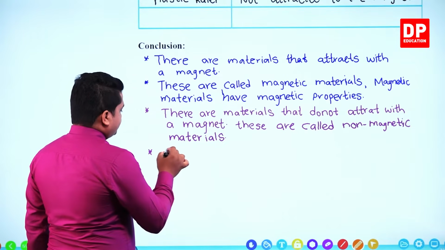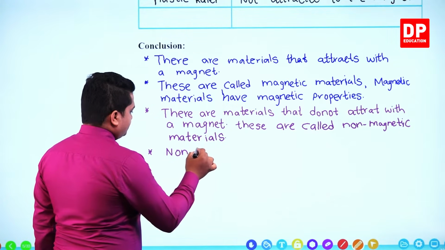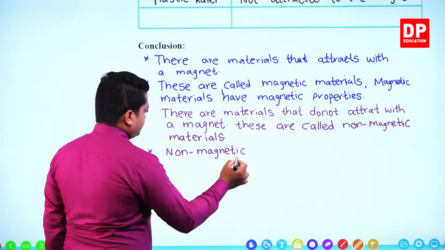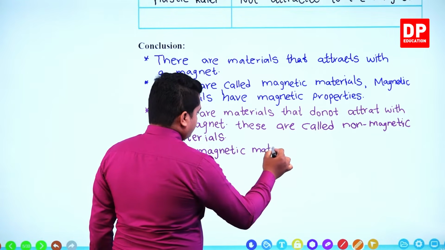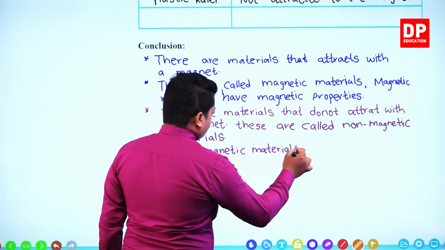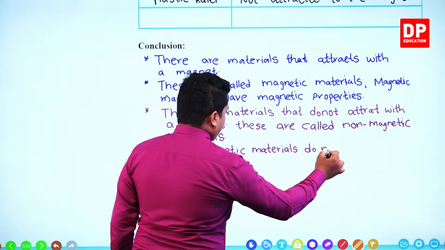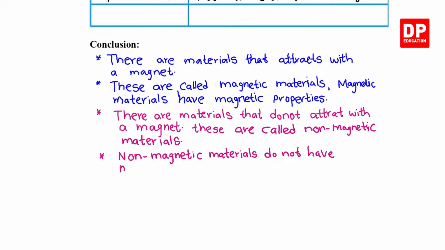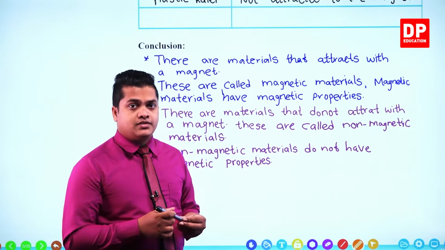Non-magnetic materials do not have magnetic properties, right?